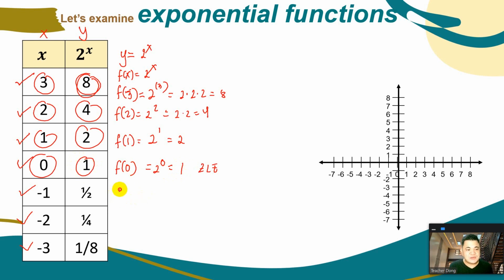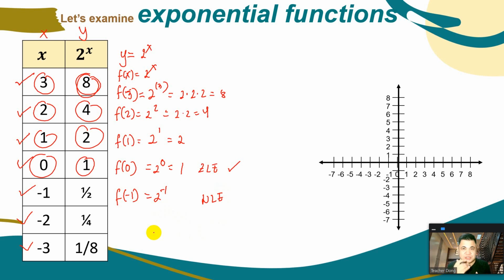Next we have f of negative 1. If we will be raising 2 to the power of negative 1, in this case, we are not going to use the zero law of exponents, we're going to use the negative law of exponents. So when we say negative law of exponents, if the power or the exponent is negative, you cannot yet simplify that. What you need to do first is reciprocate.